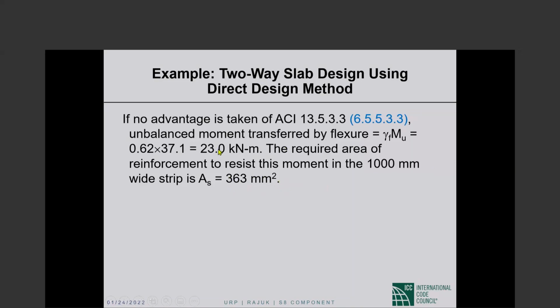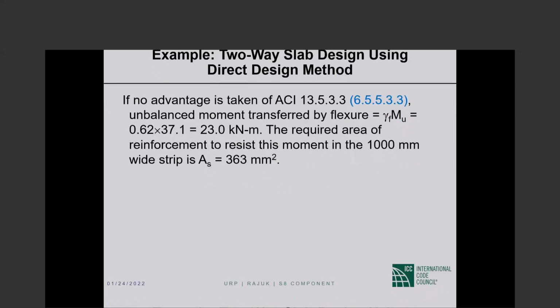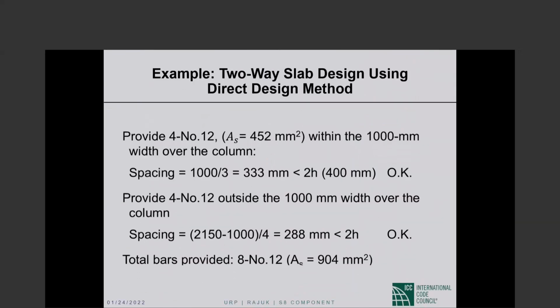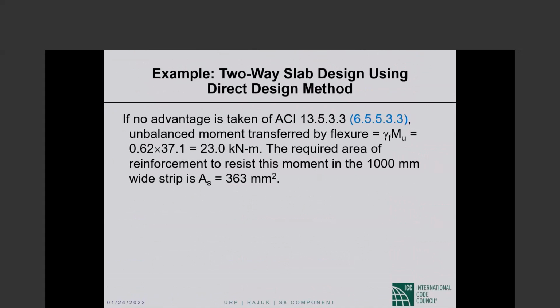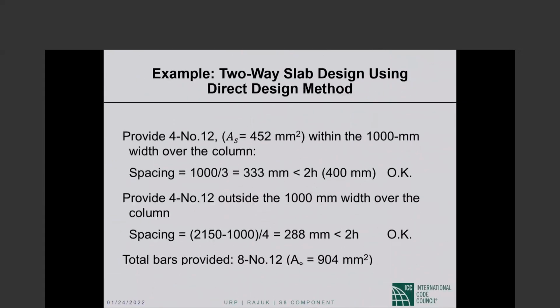So this is our transfer moment. If we want to stick to 62% going by flexure, and that moment requires 363 square millimeters of reinforcement in the moment transfer band, 3 number 12 was short, so we had to provide 4 number 12.